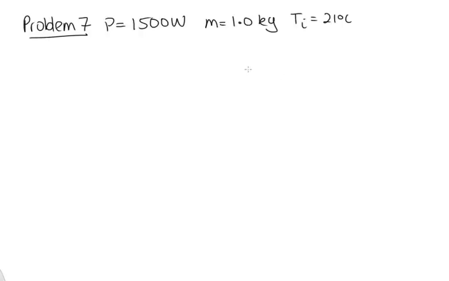So we'll need to make use of a couple of equations to answer this. We know that the power used is equal to the energy over the time, so energy in the form of heat in this case. So we can rearrange this to put Q is equal to PT. Now we know that that heat goes into changing the temperature of the water.